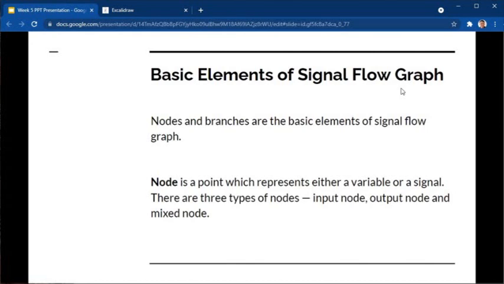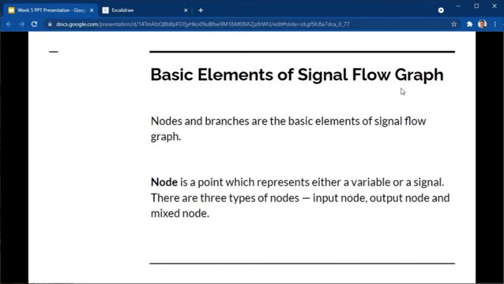A signal flow graph is a good diagram so that we can see what is happening to our signal. From the input, it will pass through different stages. It can be amplifiers, it can be filters, and so on. The signal flow graph gives us a good idea of the different stages that our signal will have to go through.